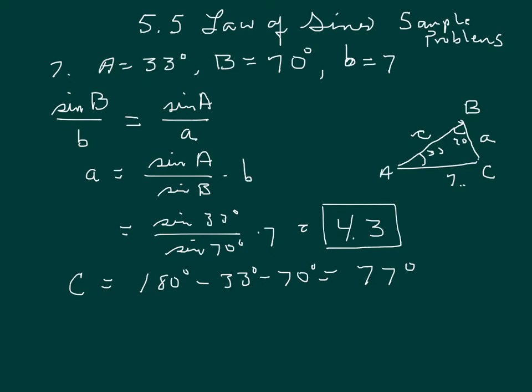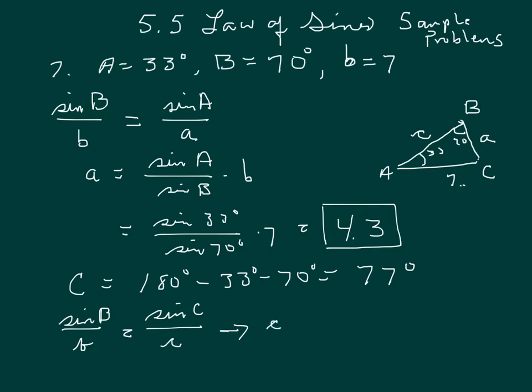Now, we want to solve for little c, this side right here. We could equate it to sine A over a, which we solved, but remember that's an approximation. So always go back to the one which you know exactly, which would be b. And we go back to b to solve this. And so we know that sine B over little b will be equal to sine C over little c. Little c is what we're solving for.